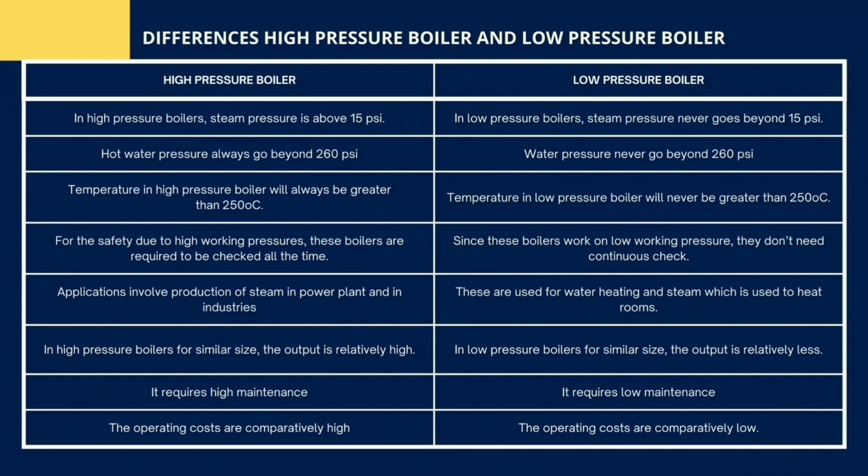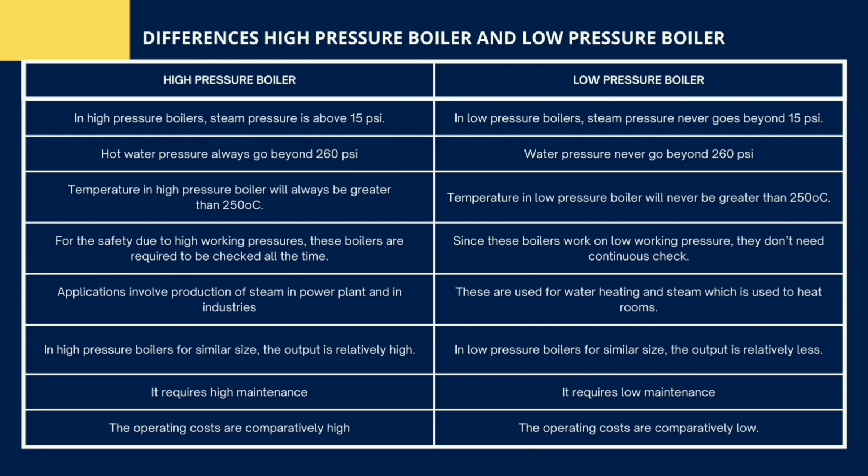Water pressure always goes beyond 260 psi for a high pressure boiler and never goes beyond 260 psi for a low pressure boiler. The temperature in a high pressure boiler will always be greater than 250 degrees, while the temperature in a low pressure boiler will never be greater than 250 degrees Celsius.